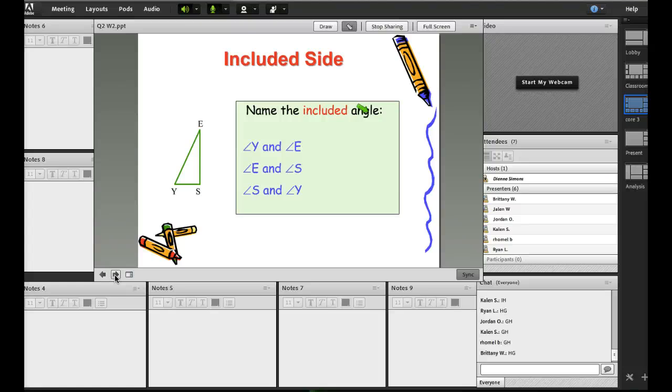What's the side? You agree, disagree? Okay, what about the next one? Between E and S. Angle E, angle S. What's the side? Excellent. Last one. Nice. All right.